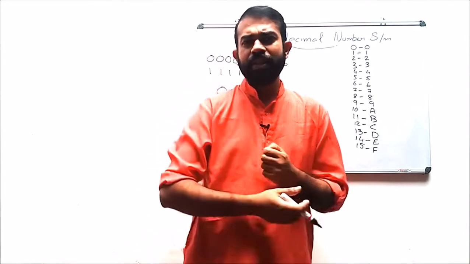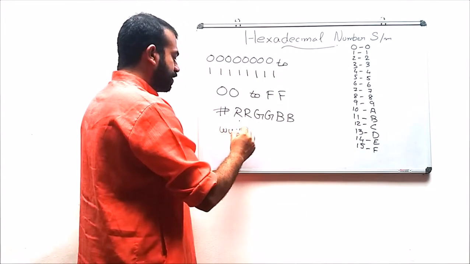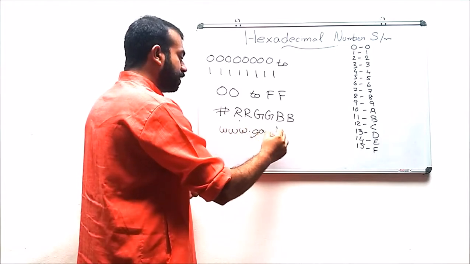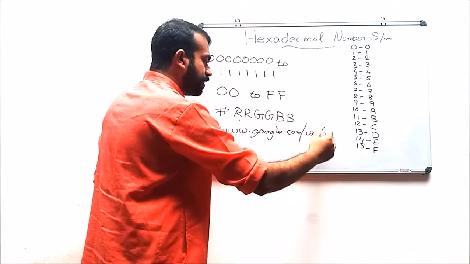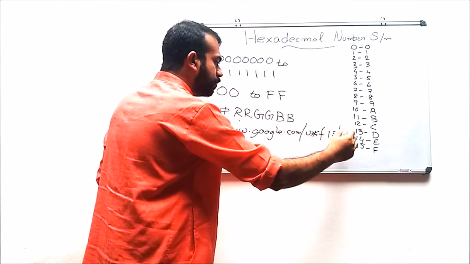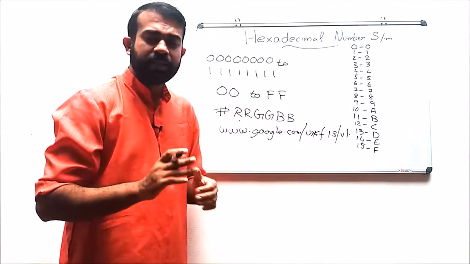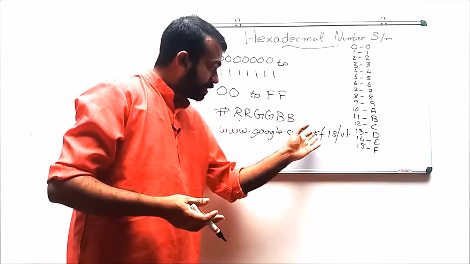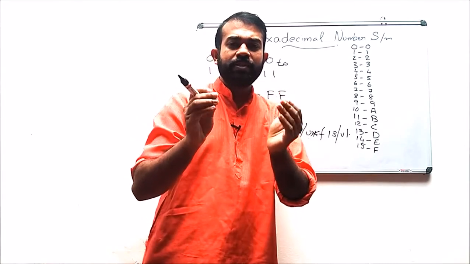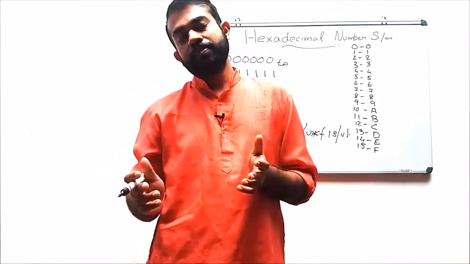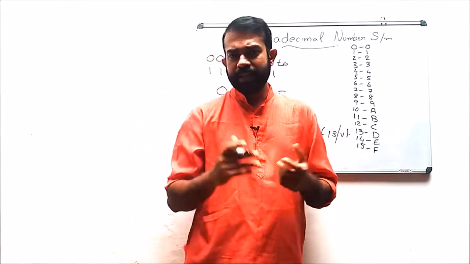Next time when you search in Google or a particular website, for example, you can see google.com/# or some values like F13 bar UL dot something. These representations are hexadecimal representations. If we represented them in binary, they would be very long. So to shorten a URL into a tiny URL, we use hexadecimal representation in a browser or internet environment. That is another example.